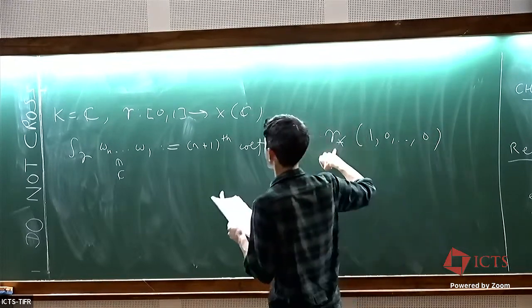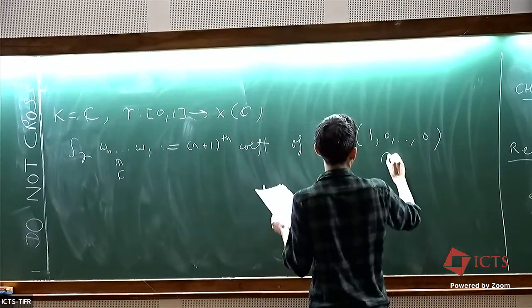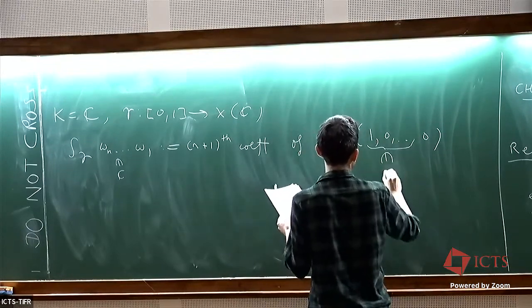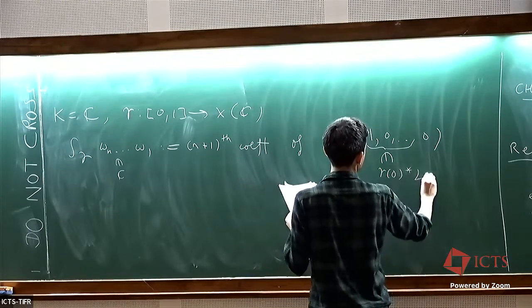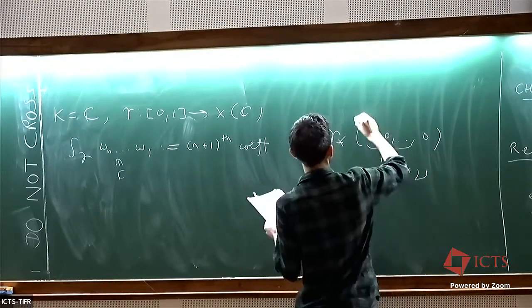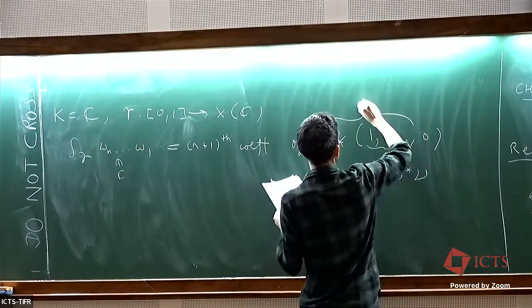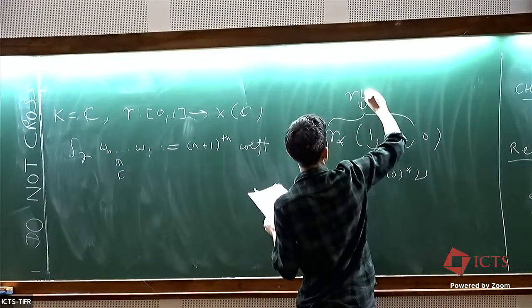So parallel transport, remember, is going from an element of the fiber at gamma 0 of V to an element of the fiber at gamma 1.